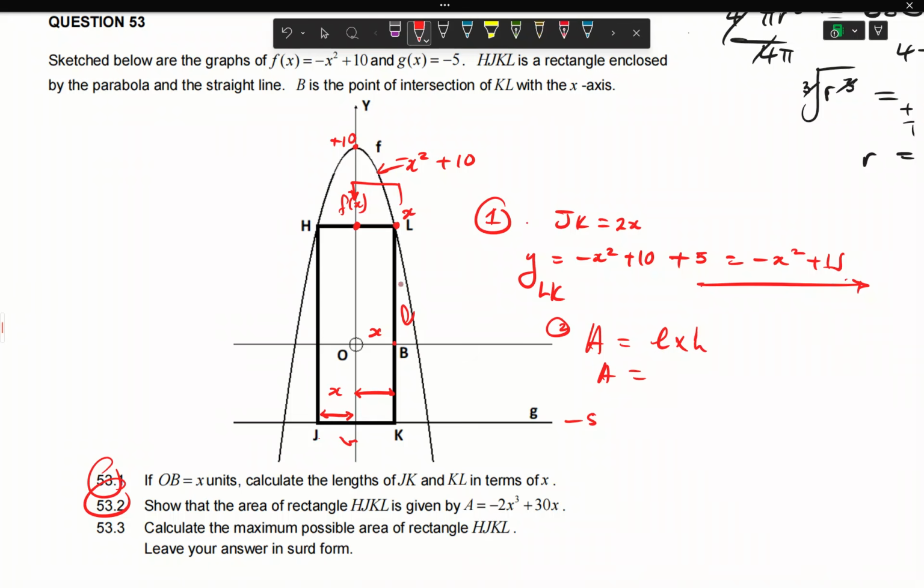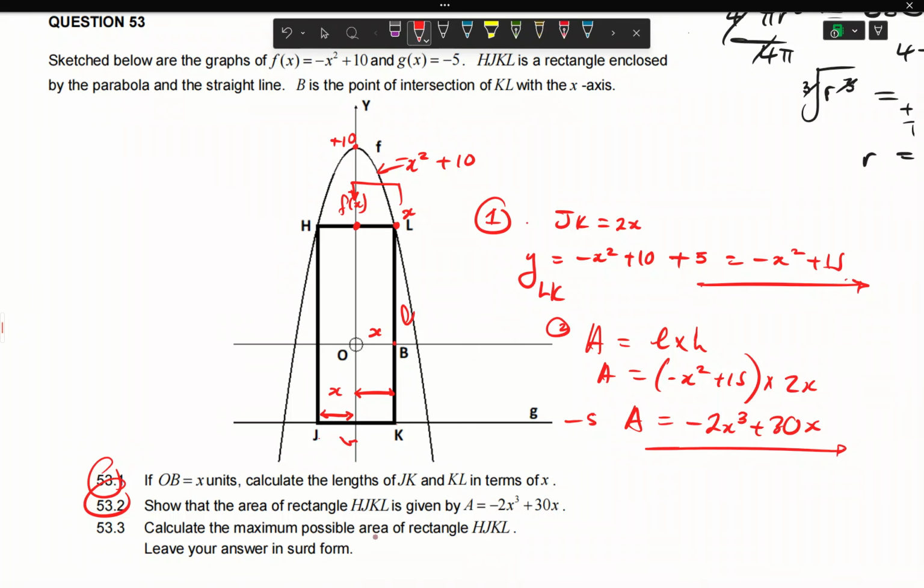The length is this part there, from J to K: -x² plus 15. Then I multiply with the height, which is 2x. So this times that gives me -2x³ plus 30x. This is your answer, same as that one.